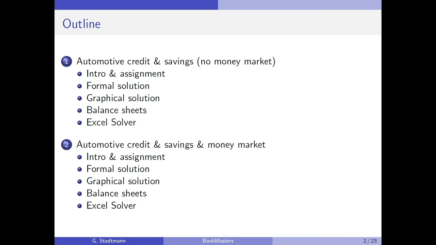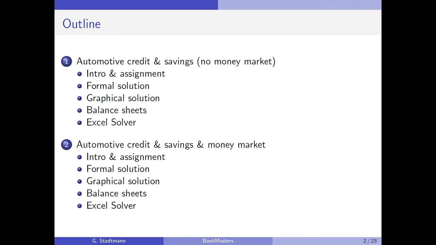So the two assignments are really similar to each other. The only difference is that in the first one, we are not going to consider the money market. In the money market, depending on the liquidity of the bank, whether the bank needs some money or not, it also has some operations. It could go and demand some money if it does not have enough money to give credits to the customers, or distribute the money that is in surplus.